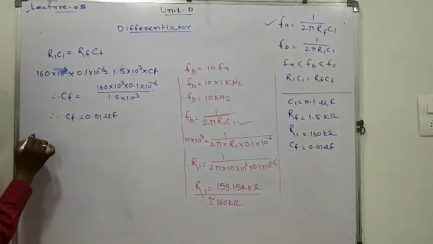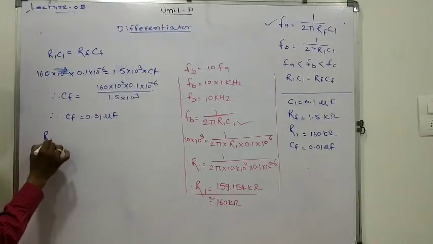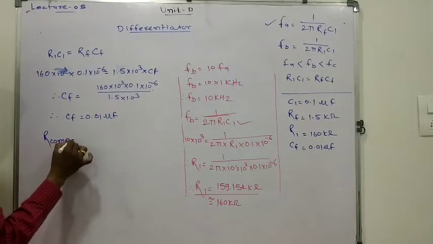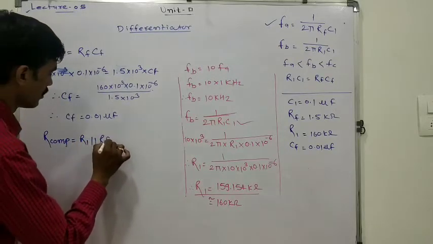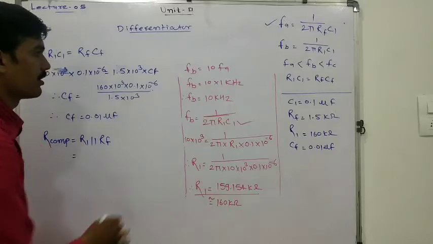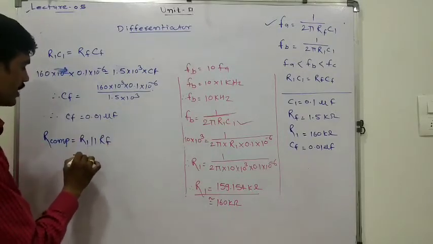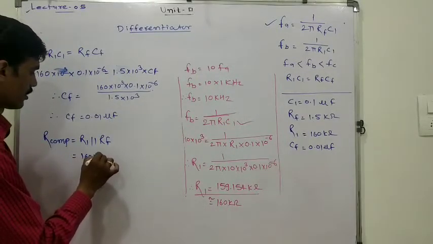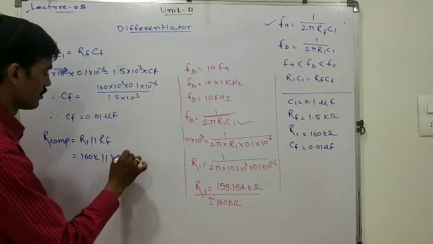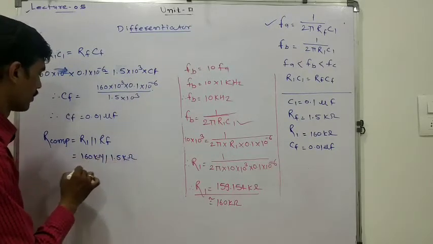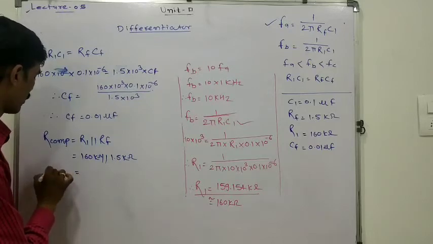And the last component is R compensating. It is the parallel combination of R1 parallel to RF. We know the value of R1. R1 is 160K parallel to RF, which is 1.5 kilo ohm.